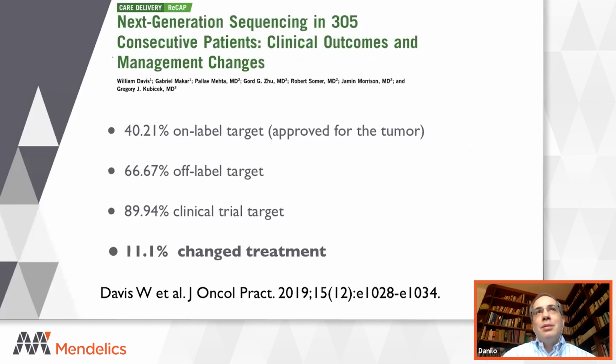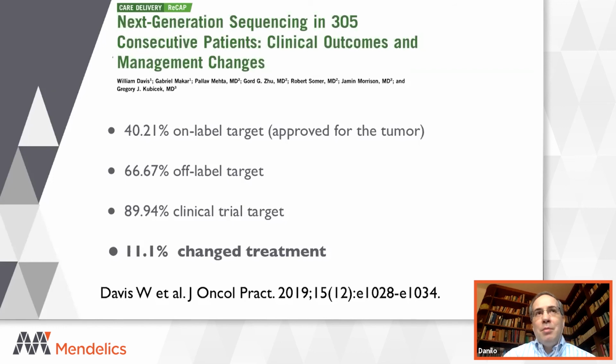So this is just one paper. They looked for targets in 300 consecutive patients. 40% had unlabeled targets, so approved for the tumor. 66% had off-label targets. 89% had clinical trial targets.